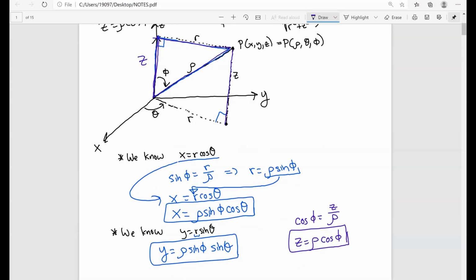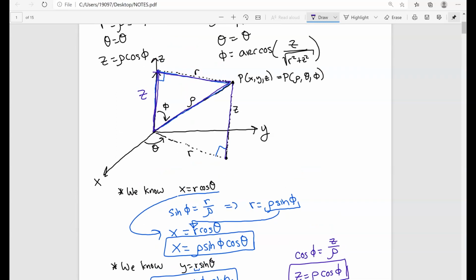We know that r squared plus z squared equals rho squared, using this above triangle. And we know that r squared from polar is just x squared plus y squared. So then we just have this extra z squared, and we get rho squared. Okay, so that's how you derive that one.